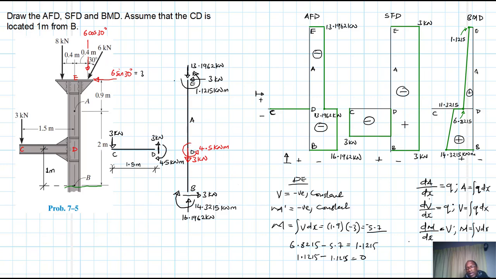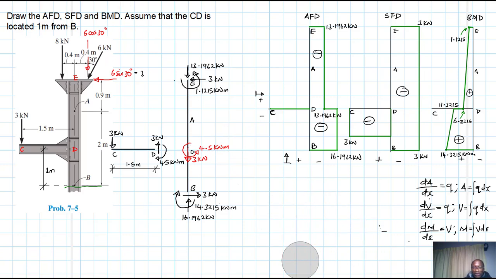And then let's now look at the moment from C to D. What do we have from C to D? Do we have any initial value? Okay, from C to D, we don't have any initial value. And let's look at the shear. We know that our shear is negative and constant.